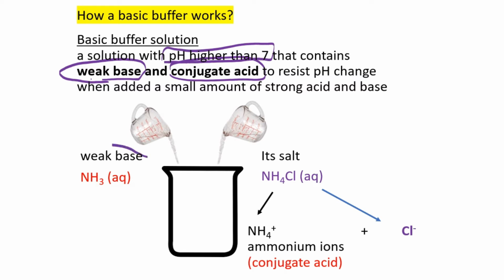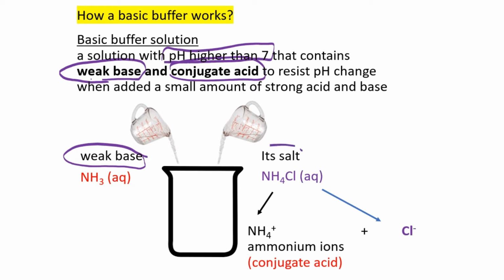We put in a weak base, for example, ammonia solution. Ammonia solution would behave as a weak base because it only dissociates partially in water to produce a very little concentration of hydroxide ions.